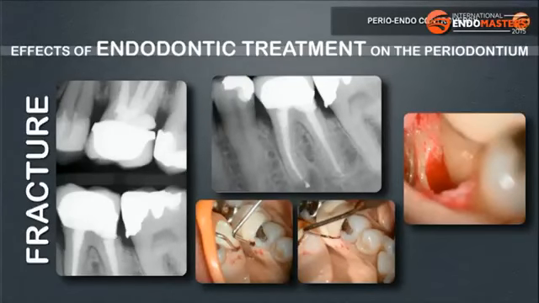Vertical root fractures seem to be a very common reason for extraction of endodontically treated teeth, currently more frequent than in the past. When a vertical root fracture occurs, it extends to the periodontal ligament, whereupon soft tissue grows into the fracture space and increases the separation of the root segments.